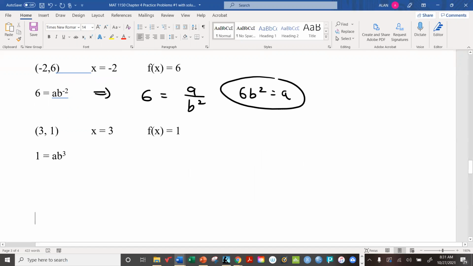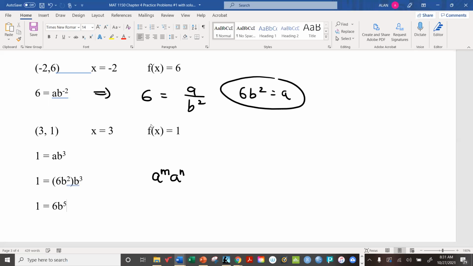And we already have an expression for a, so let's take advantage of that. 1 equals 6b squared times b to the 3rd, which means that 1 equals 6b to the 5th power. Why is that? Just a quick reminder, you're adding these two exponents together to get that 5.